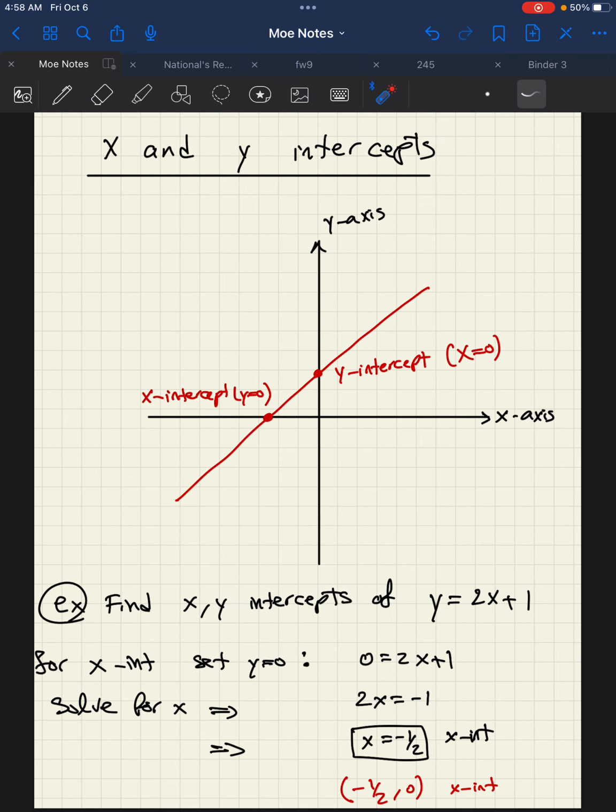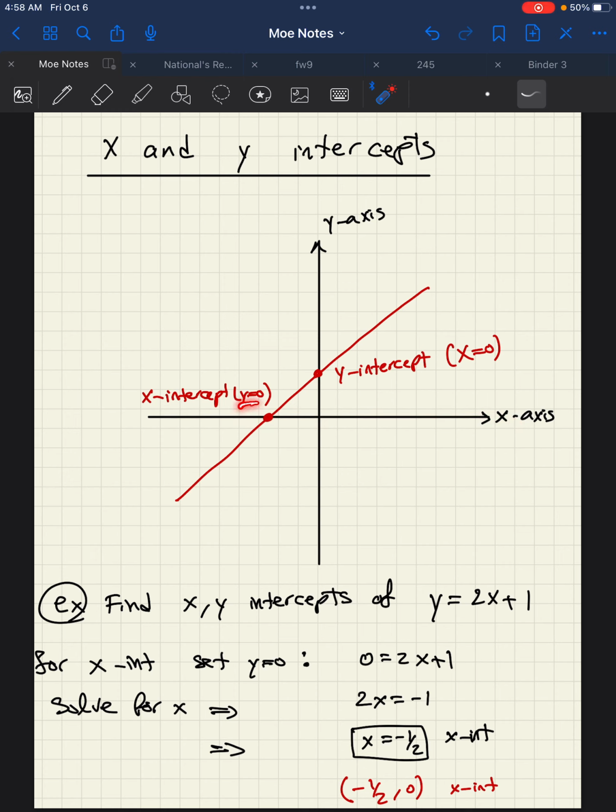And it's really easy to find them, because to find x-intercept, what's the characteristic of an x-intercept? X-intercept happens when your y value is 0. This is your y axis, right? Where is y 0? Right this line. This is your y equals 0 line.